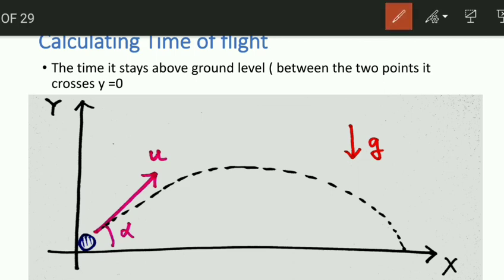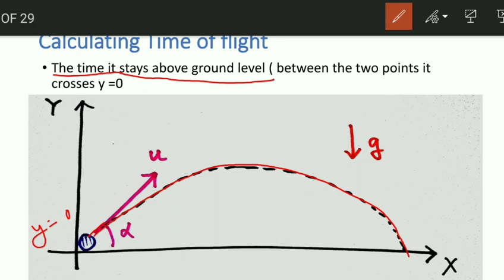Now we have to find the time of flight. What is the time of flight? Time of flight is, we are launching the projectile and it is flying. It is remaining in the air, and now it strikes the ground. Now the time it stays above the ground level. What is the ground level? Here ground level is y is equal to 0.